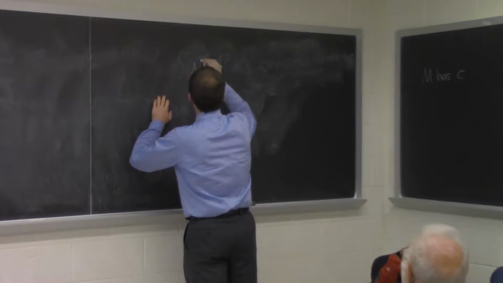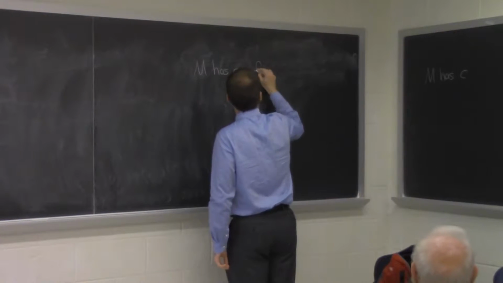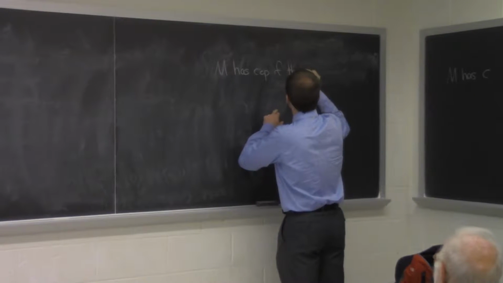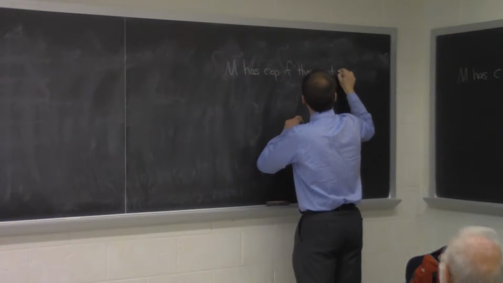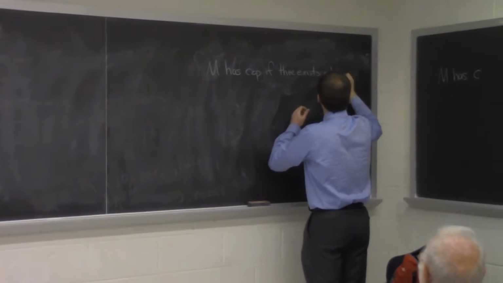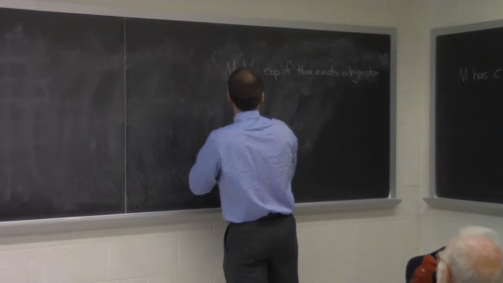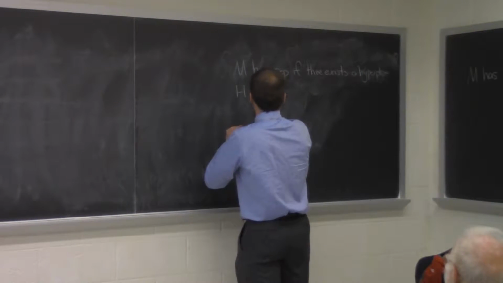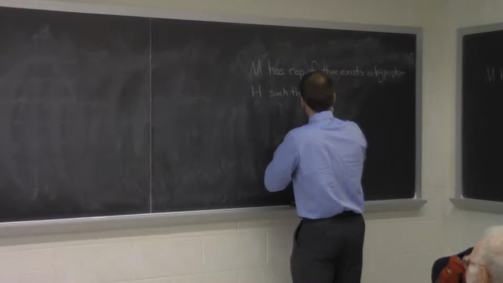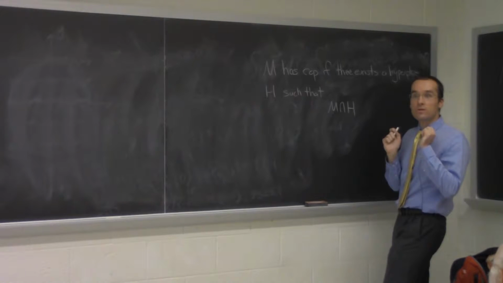Okay. Thanks. M has COP, or central ovaloid property, if there exists a hyperplane H, right, such that M intersect H is an ovaloid.